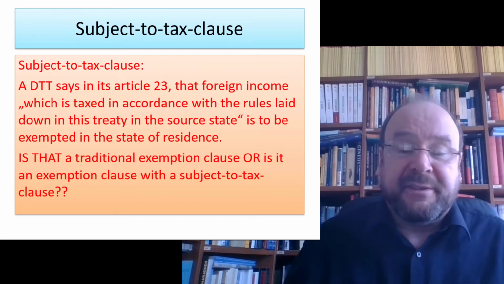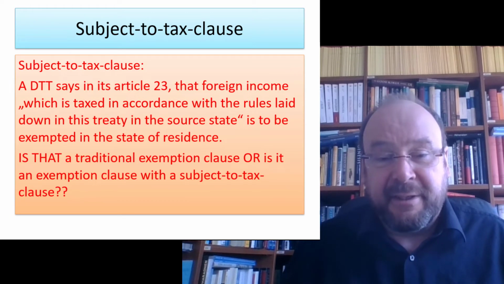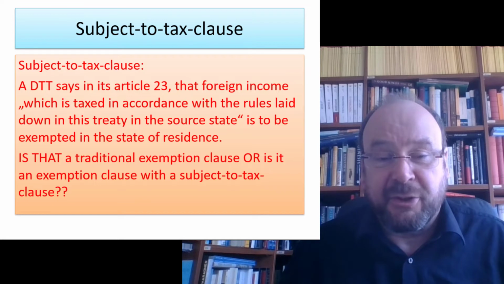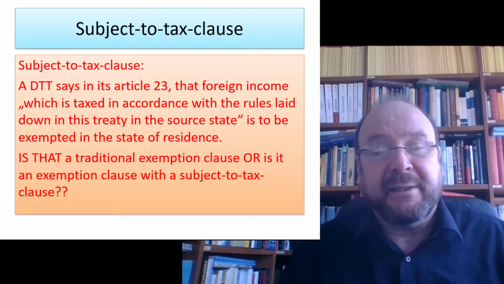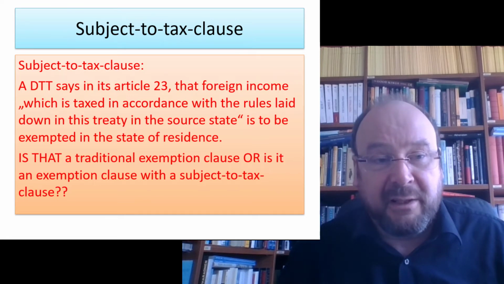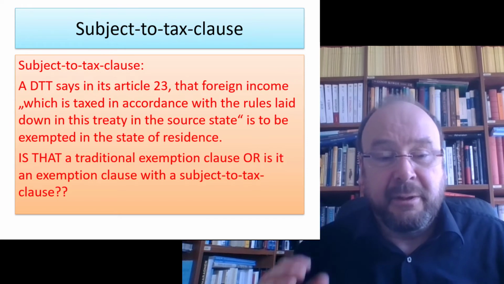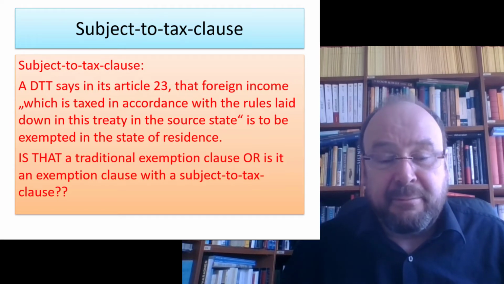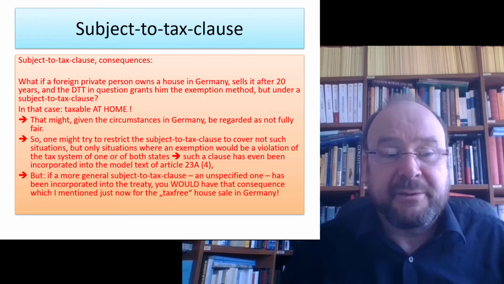So the subject to tax clause is usually cleverly hidden in the exact choice of words in the exemption article. Here one word changed, which is taxed, changes the meaning and implants a subject to tax clause.